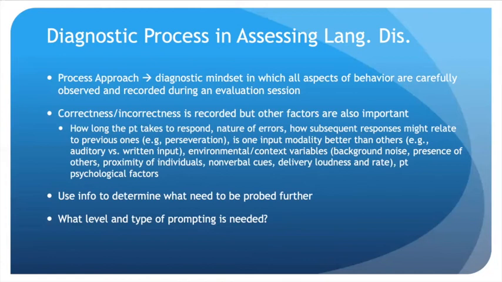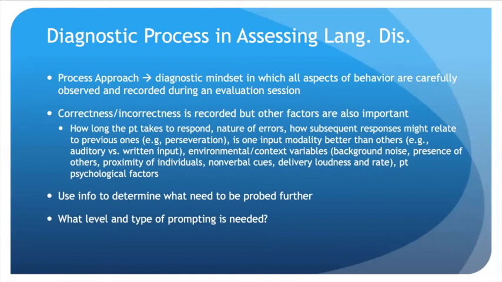Are there any environmental or contextual variables, things like background noise, presence of others, family members or other patients or other caregivers, nonverbal cues, delivery rate and loudness? Are there psychological factors that you should be aware of?